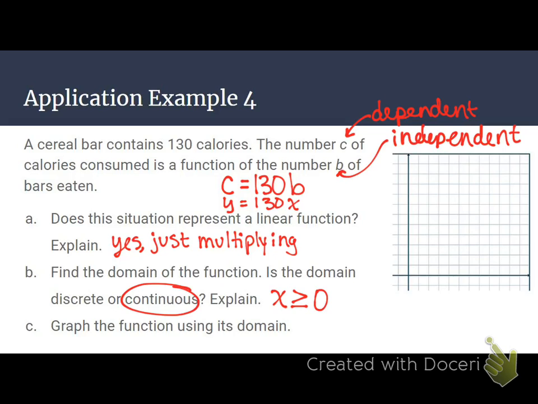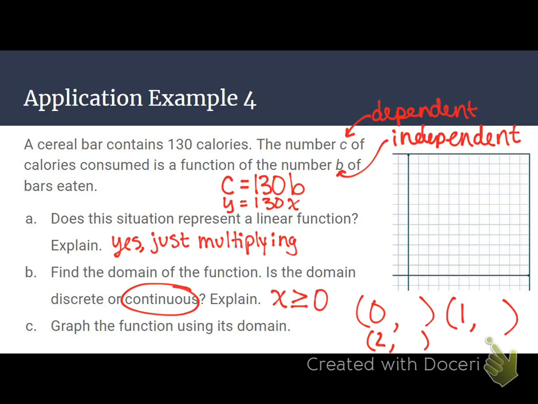Questions about this before we try to graph it? Now, when we graph this, we are not going to be able to graph every single point, but we can graph a couple points to help us out. I would recommend starting with 0, 1, and maybe 2 for your x values.